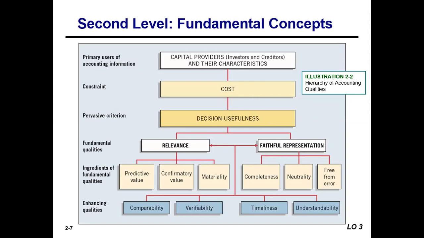Verifiability. Timeliness relates to having information available to decision makers when it can still influence their decision, right? Before it loses its capacity to influence decision making.